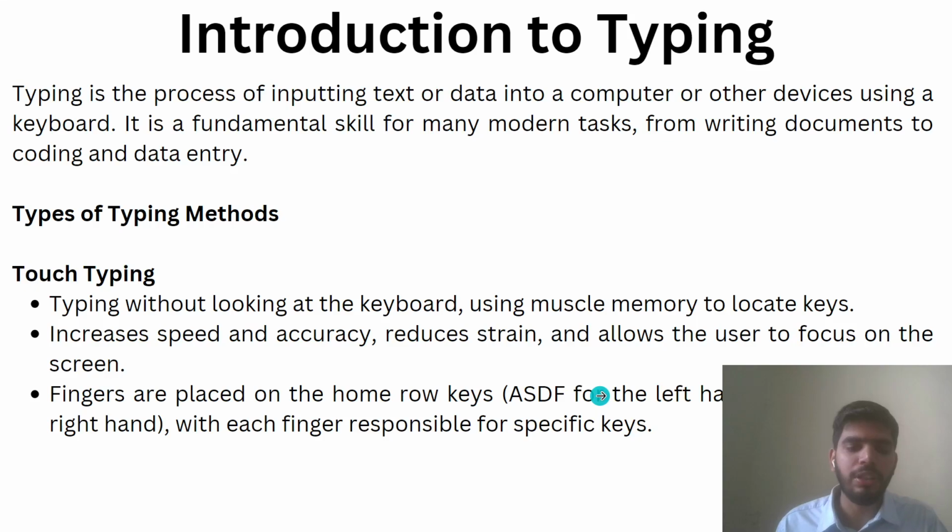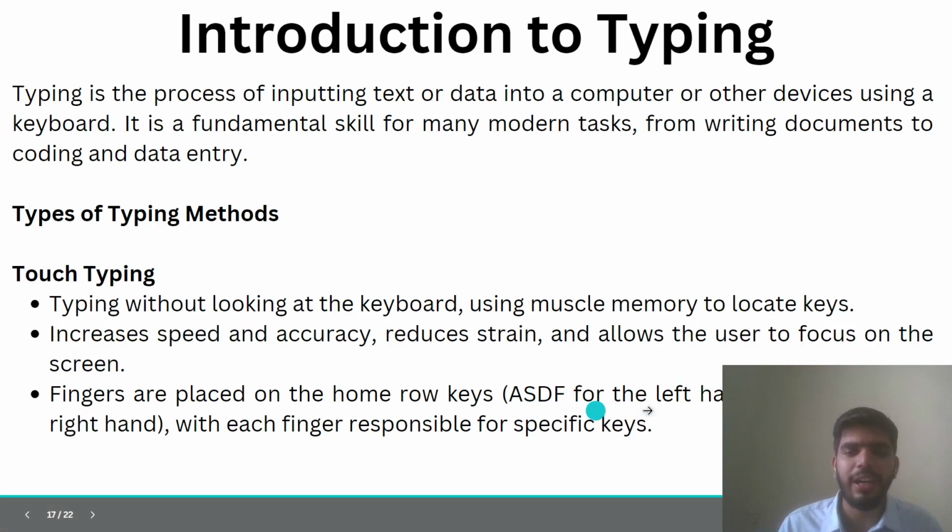I personally don't follow this. I have a different setting. My fingers start with different letters, not ASDF for the left hand and JKL for the right hand. Both my thumbs are on the space, and my left hand is on E and shift and somewhere near that. So it's very different from this, but you can start with this too.